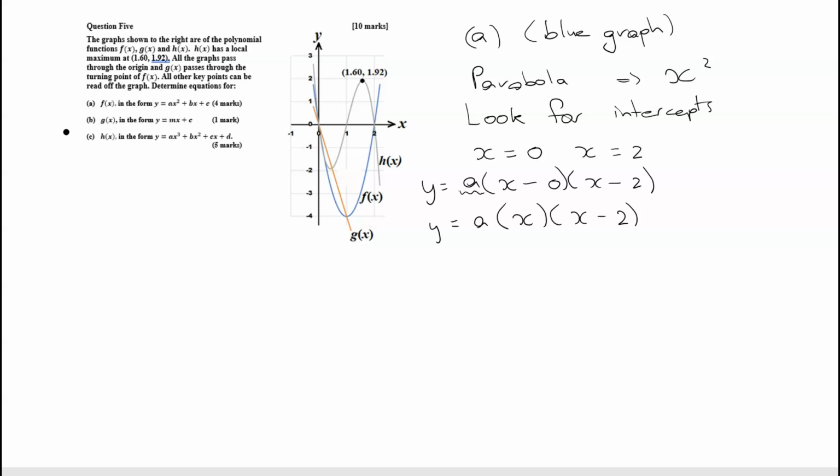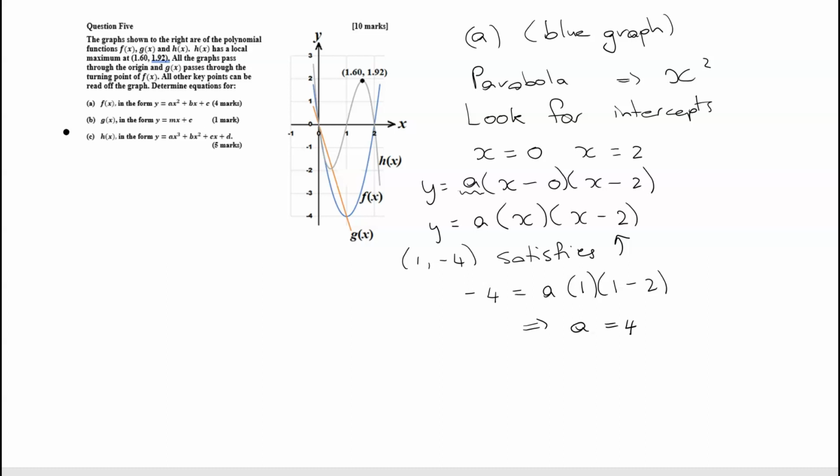Now we know that there's a point on that graph (1, -4), so that is going to satisfy the equation. So that means we're going to put in -4 equals a times 1 times (1 minus 2), and just simple algebra gives us that a equals 4.